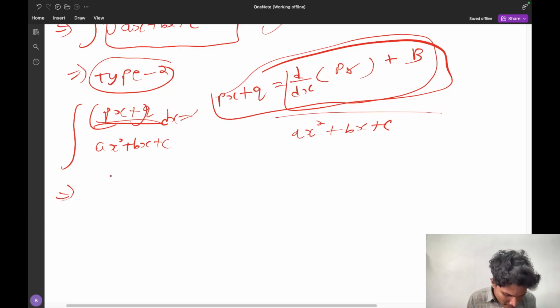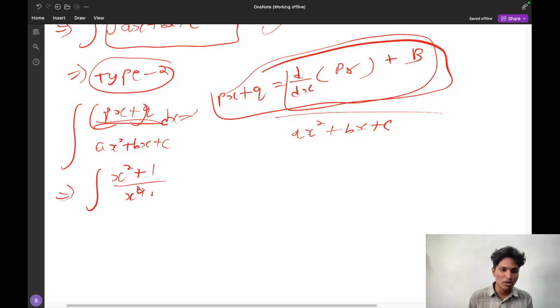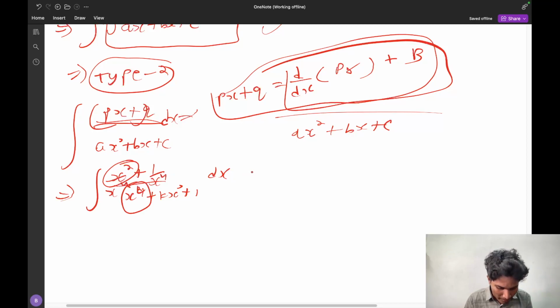And the next thing is, if it is like this, that is x square plus 1 divided by x power 4 plus kx square plus 1, dx. In this, what we have to do? Whatever numerator is present, we have to divide the numerator and denominator.